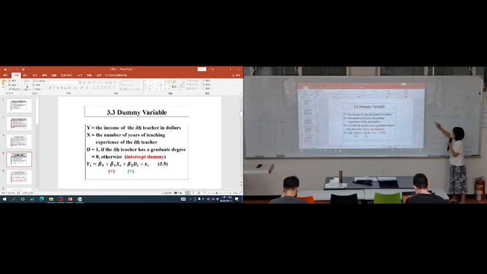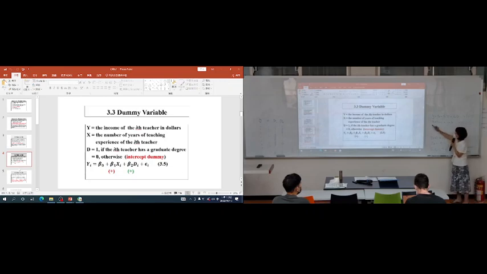If D1 and D2 are all equal to 0, it means the teacher with a bachelor degree, right? So this means y equals beta 0, this one is 0, this one is 0, plus beta 1 x.